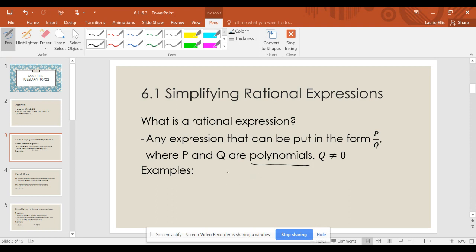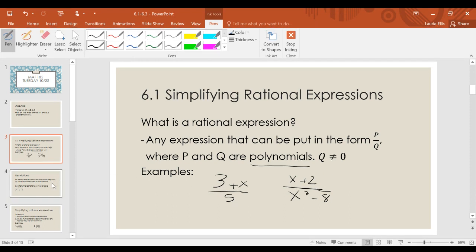So let's talk about an example of what a rational expression is. We could say 3 plus x over 5. That is an example. We could also say x plus 2 over x cubed minus 8 could also be an example. Okay, so those are just two examples.